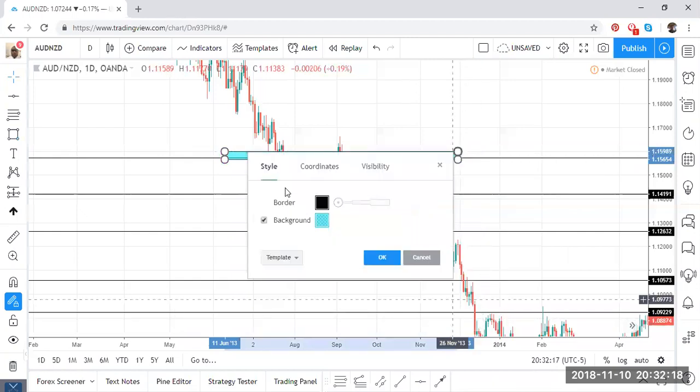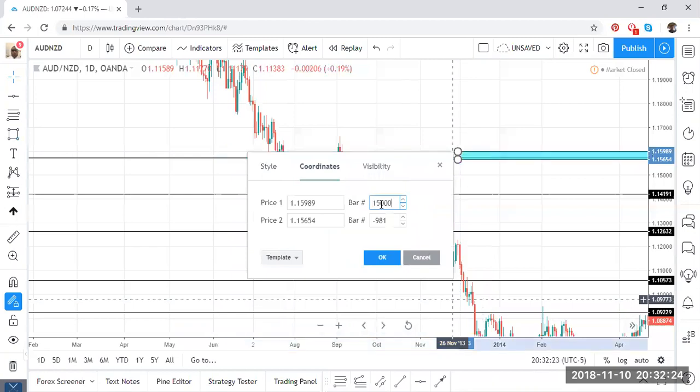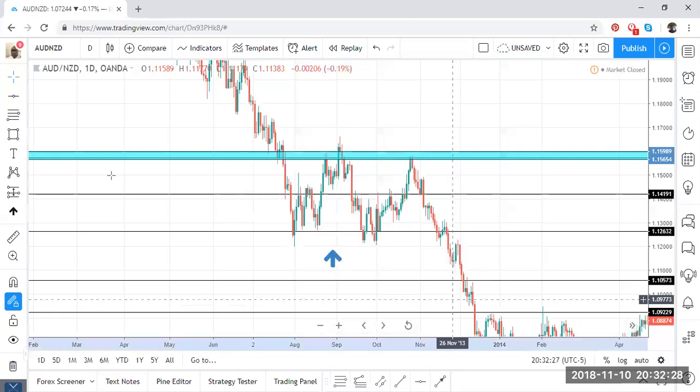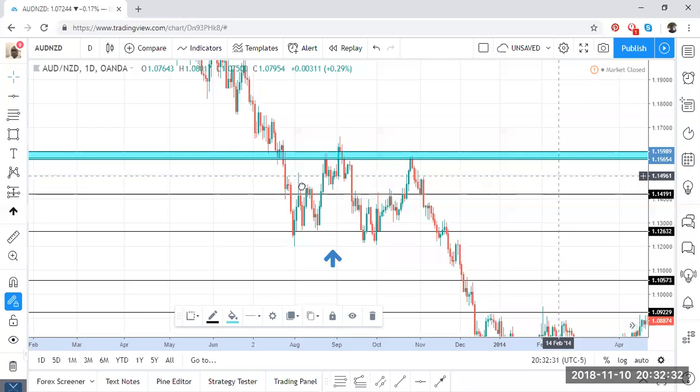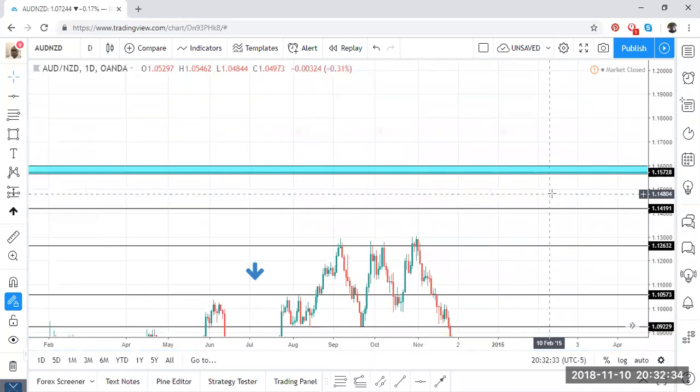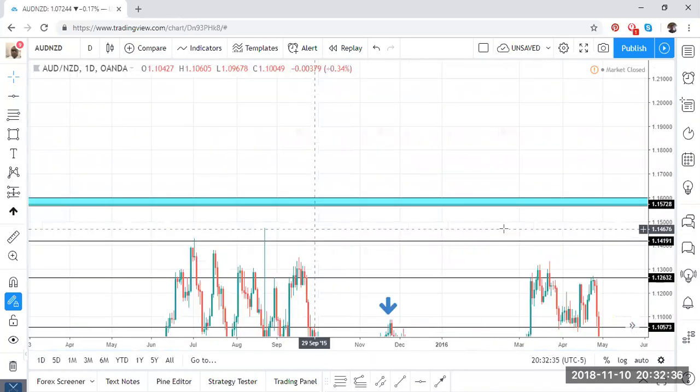And then I right click and go to the settings. I just put in the highest number available, so it could be all the way in the past and all the way in the future. I check it by looking at other prices and seeing how price moves on my zone.